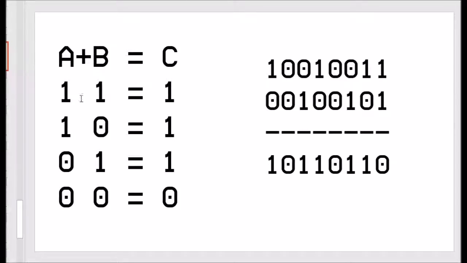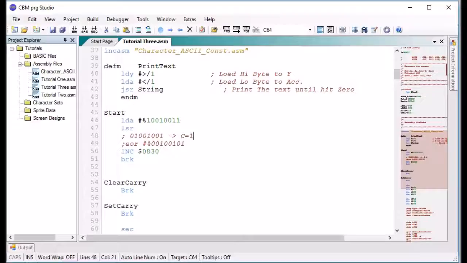So 1 OR 1 equals 1, 1 OR 0 equals 1, 0 OR 1 equals 1, and 0 OR 0 equals 0. So when you do this truth table here, that's going to be 1, that's going to be 1, that's going to be 0, that's going to be 1, 1, and that's a 1. There we go.